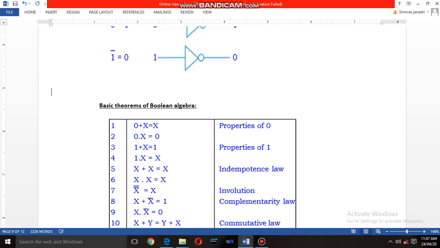Just now we have discussed the basic postulates, and now we are going to discuss the basic theorems of a Boolean algebra.